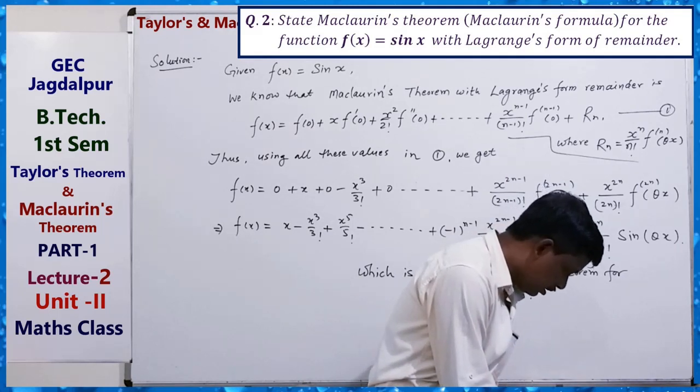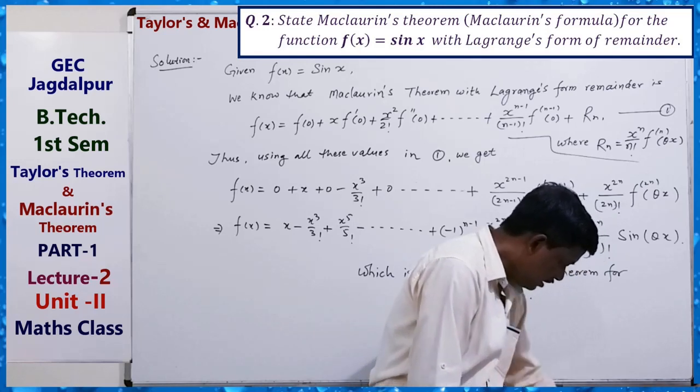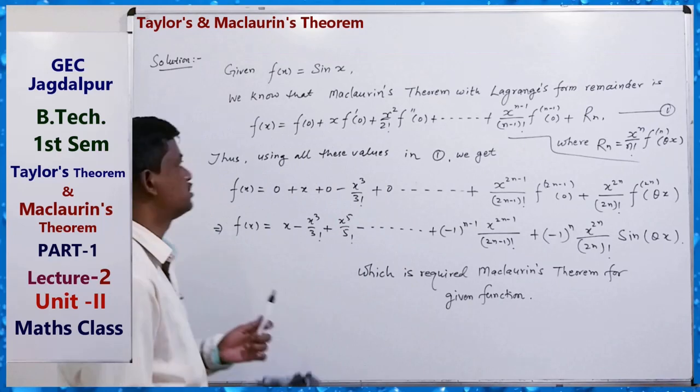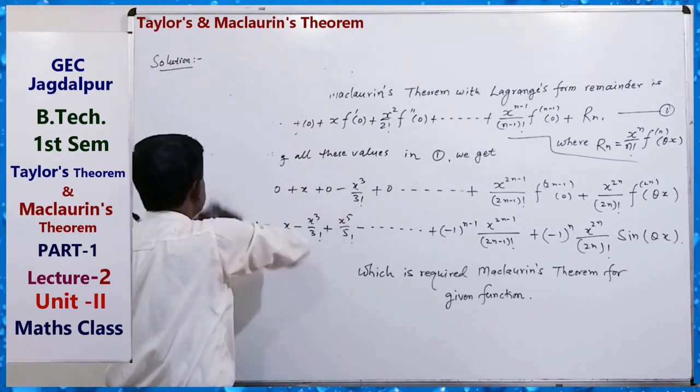And now question third. So question third is to write Taylor's formula. Here we wrote Maclaurin's formula, now write Taylor's formula for a given function, any type of function.